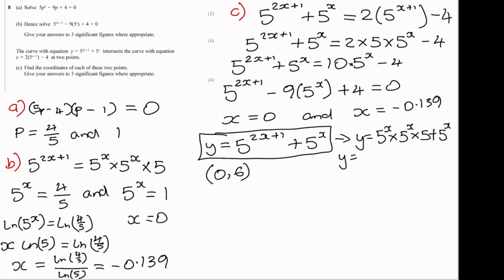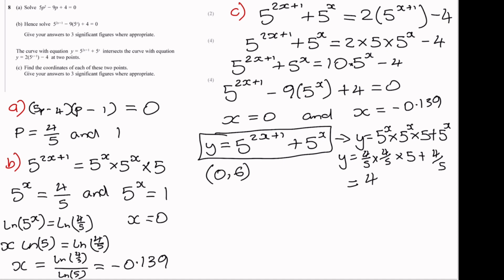If I replace 5 to the power of x with 4 over 5, I get 4 over 5 times 4 over 5 times 5 plus 4 over 5, and that simplifies to 4. So there were two ways.